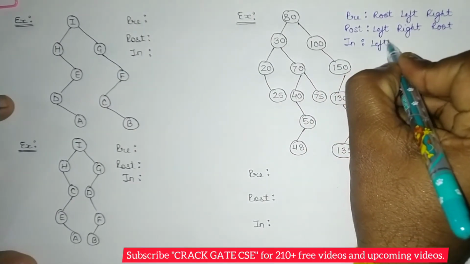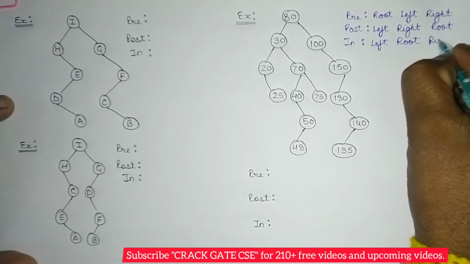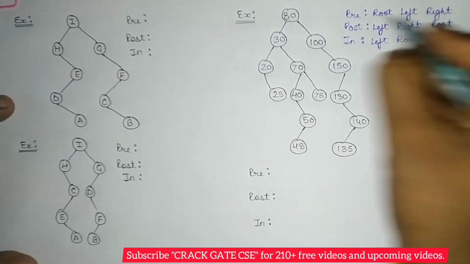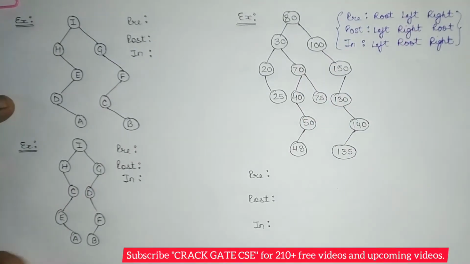So left first, then root, and then we'll be moving on to the right. So you just need to remember these 3 orders, and these will be super helpful for you to find out the traversal, whether it is pre-order, post-order or in order.